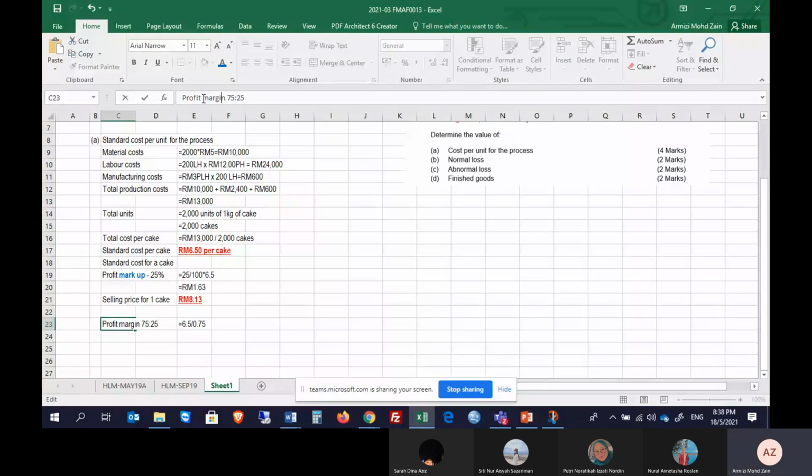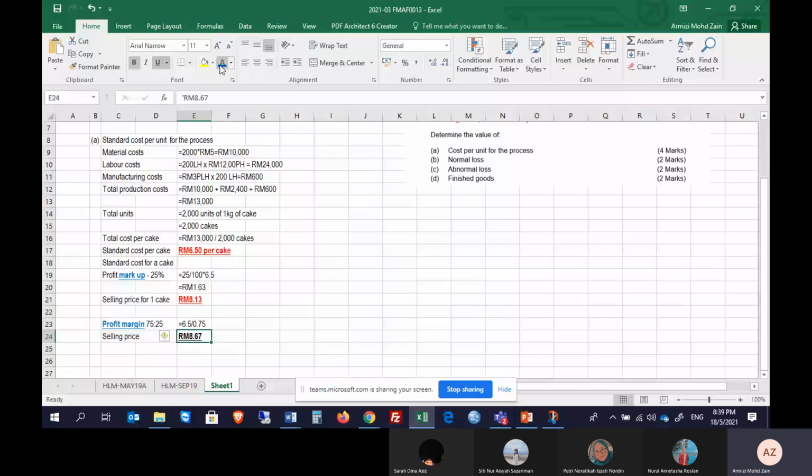Profit. Ini profit margin. Ini profit markup. Lain ya, profit margin dengan profit markup ni. So this one dia akan jadi RM8.67. You kena jual lah RM8.67. Ini selling price. Okay. Kat sini, so ada beza sikit lah. Kalau you guna margin, you guna profit markup.